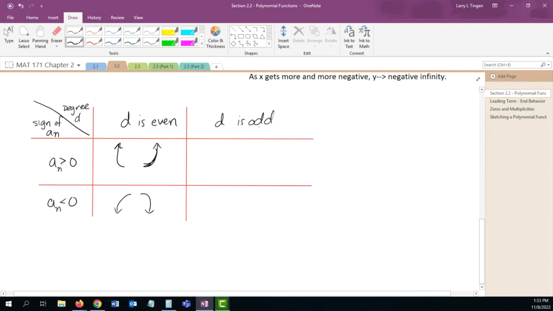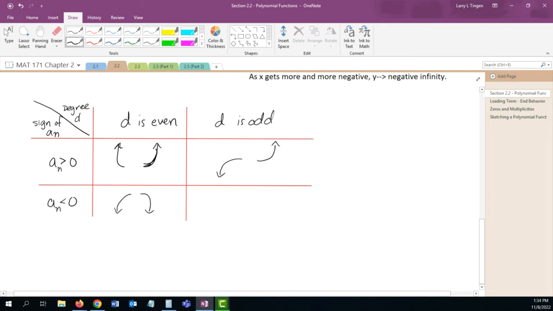If d is odd and my leading coefficient is greater than 0, as x grows, my function grows. And as x goes toward negative infinity, my function dives to negative infinity.